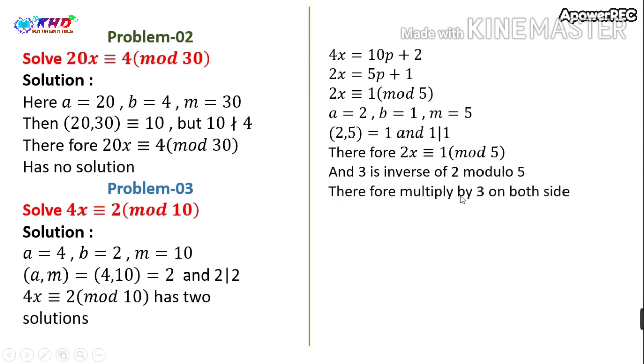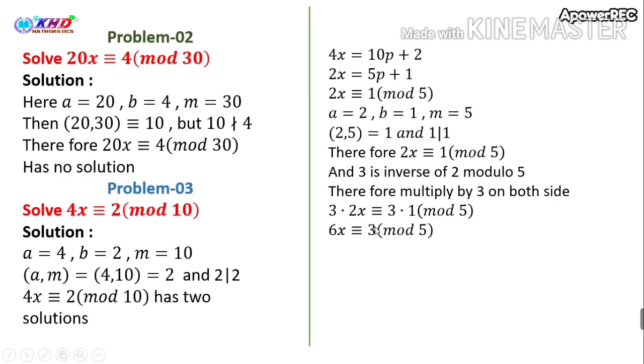Therefore, multiply both sides of this equation, 2x congruent to 1 modulo 5, by 3. We get 3 into 2x congruent to 3 into 1 modulo 5.